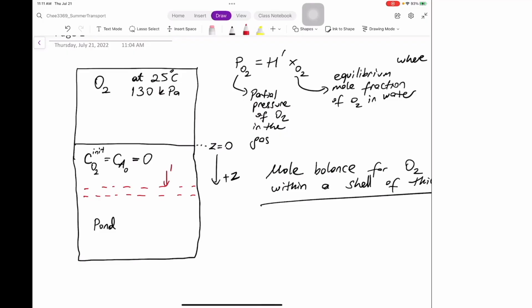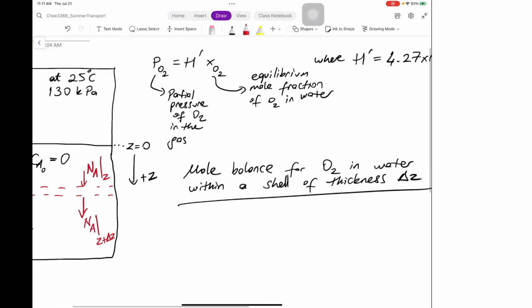I'm going to assume the flux NA is entering at Z, and the flux NA is exiting at Z plus delta Z. So we say in minus out plus generation is equal to accumulation.